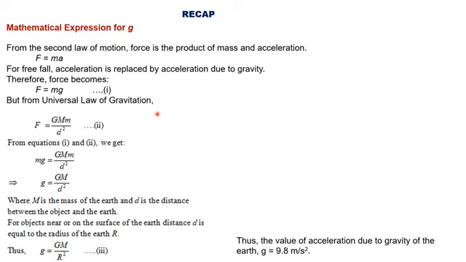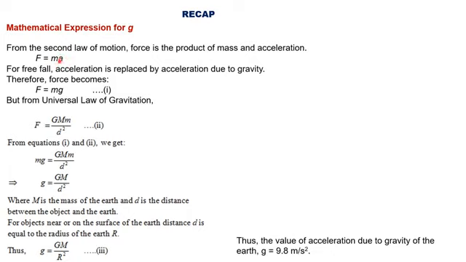Okay, so we have already done the mathematical expression for g. What is small g, children? We know that small g is acceleration due to gravity, right? Because it is acceleration due to the gravitational force of the earth, it is denoted by small g. Because it is a force, I can take the equation of the second law of motion, that is F equals ma.